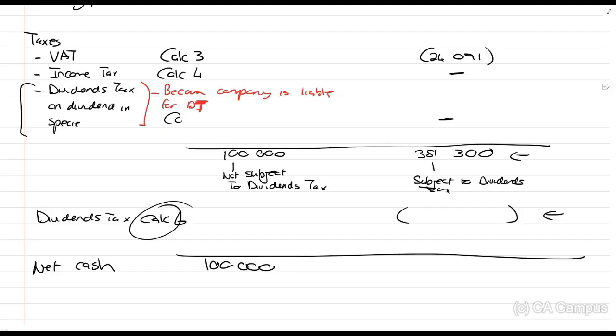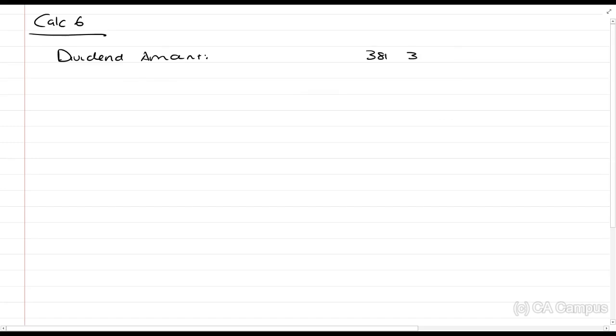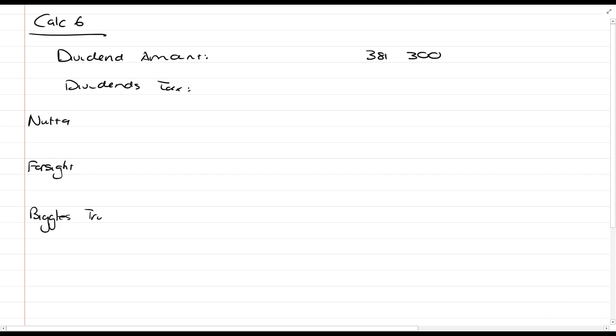Right, so the dividend amount, I just want to make sure everybody's in the same picture, is 381,300. Now you can do whatever layout you want here, but I'm just going to do it as quickly as possible. There's Nutter, Farsight, and the Biggles Trust. For Nutter, there's no dividends tax because it's a South African company, section 64F(1)(a).